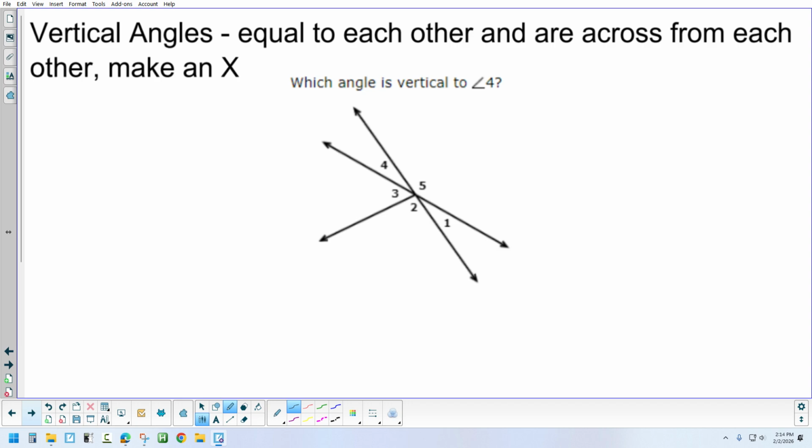Which angle is vertical to angle 4? So what angle is across from 4? Yeah, 1. That's it. Angle 1 is across from angle 4 in this X shape right there. Are there any other vertical angles in that picture? Nope. I think that's it.